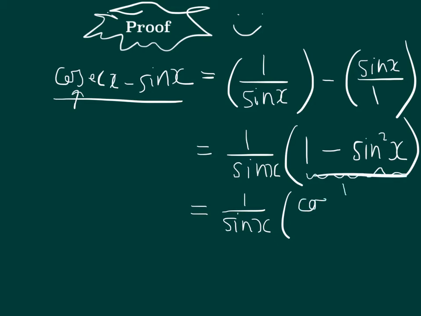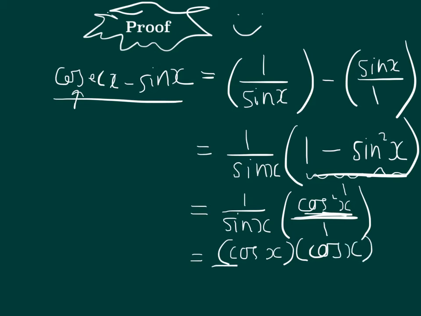So we end up with cos x times cos x over 1 times sine x. And I think the next line should drop out for you.